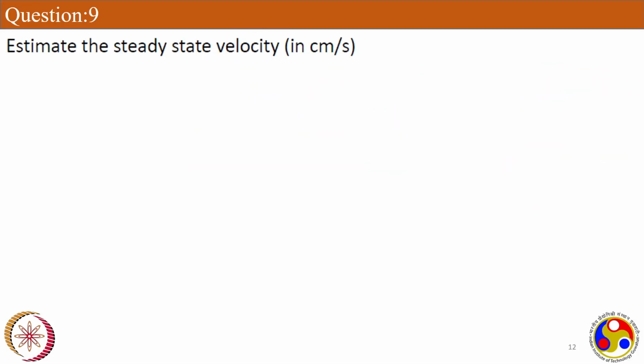See the next question, as expected, it is about estimating the steady state velocity. Now since we have the advantage of knowing the induced EMF already, it's simple, the right hand rule formula only. Now for steady state velocity, you have to observe that they are asking in centimeters per second. It's not meters per second. So you have to keep that in mind. Now, you know the formula of that particular right hand rule. E is equal to BLV, and V is what they are asking.